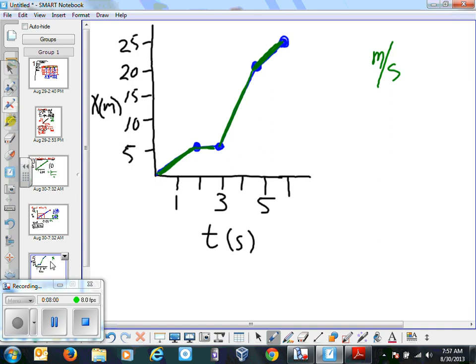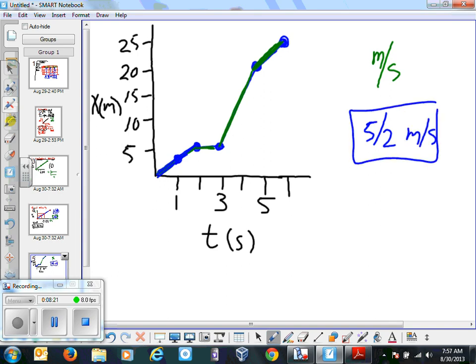Well, if you would ask, at 1 second, what is my instantaneous velocity? Well, what you would do is find the slope of the line that goes through that point, and you would find your instantaneous velocity there. So in this case, the slope of the line would be 5 over 2 meters per second.